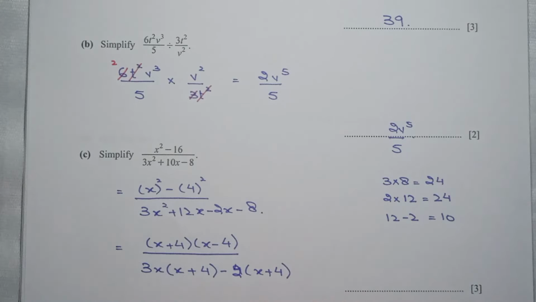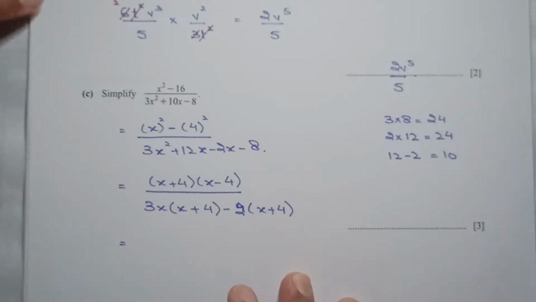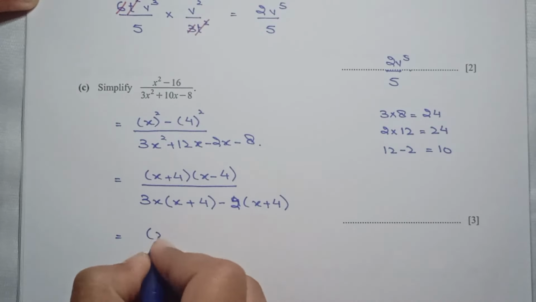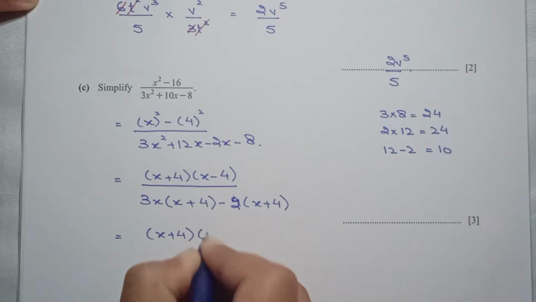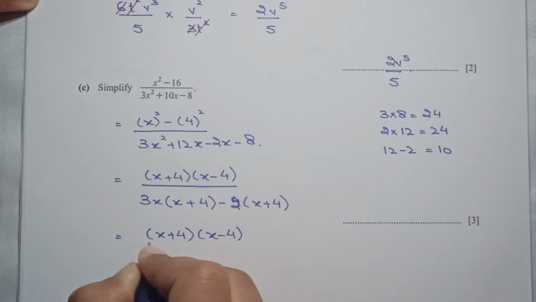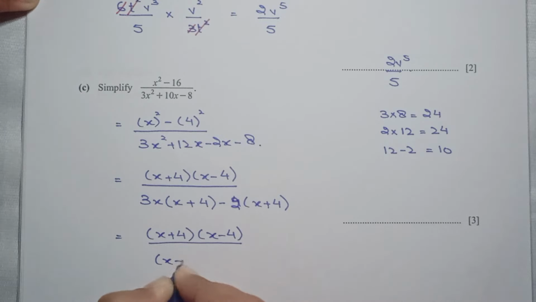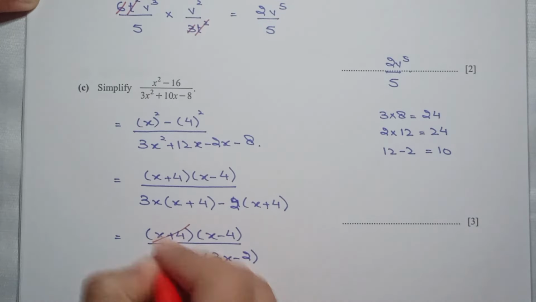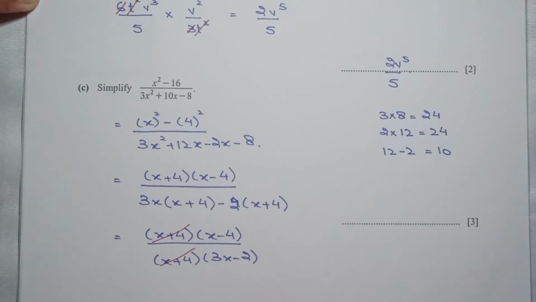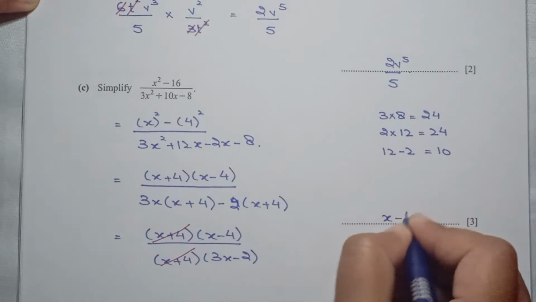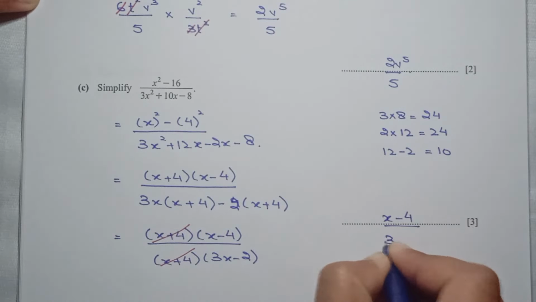Okay, now let me combine the factors of the denominator. We have x plus 4 into x minus 4 over x plus 4 into 3x minus 2. Now we can cancel the like factors from the numerator and the denominator, and the answer would be x minus 4 divided by 3x minus 2.